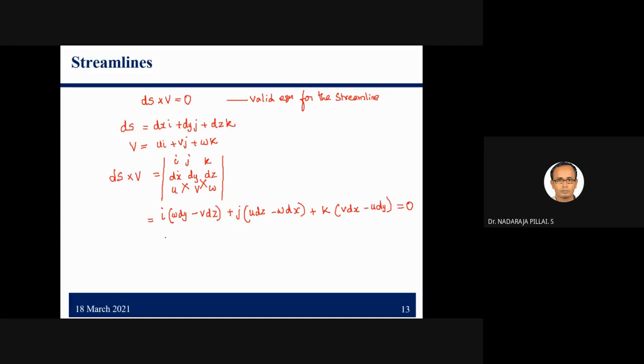Then we can write these components: w dy minus v dz equal to 0, u dz minus w dx equal to 0, and v dx minus u dy equal to 0. This is the set of differential equations for the streamline.